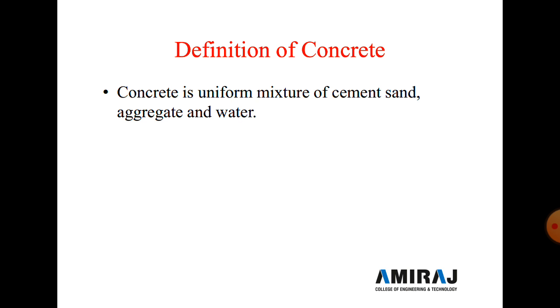The concrete operation consists of measuring the ingredients, mixing them to obtain a uniform mixture, placing the concrete in a mold, generally known as formwork, compacting, allowing it to set, and then curing for an appropriate period. Generally after 28 days it is hardened. So it's a general criterion of concrete.